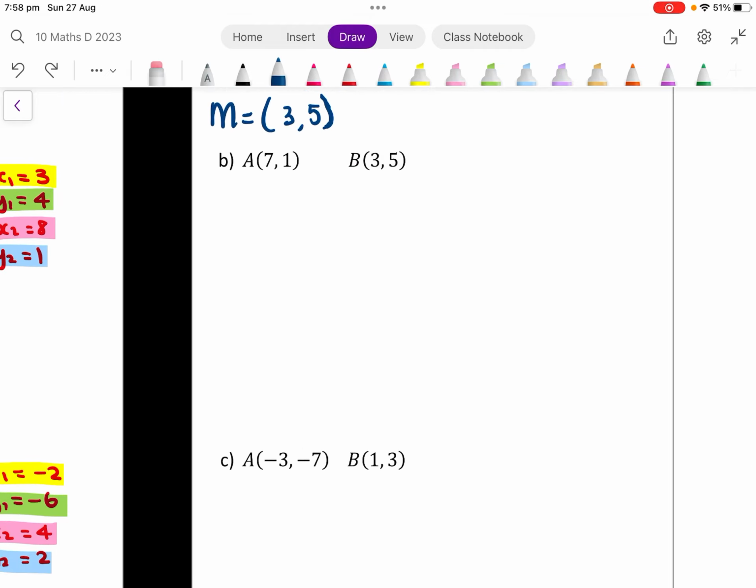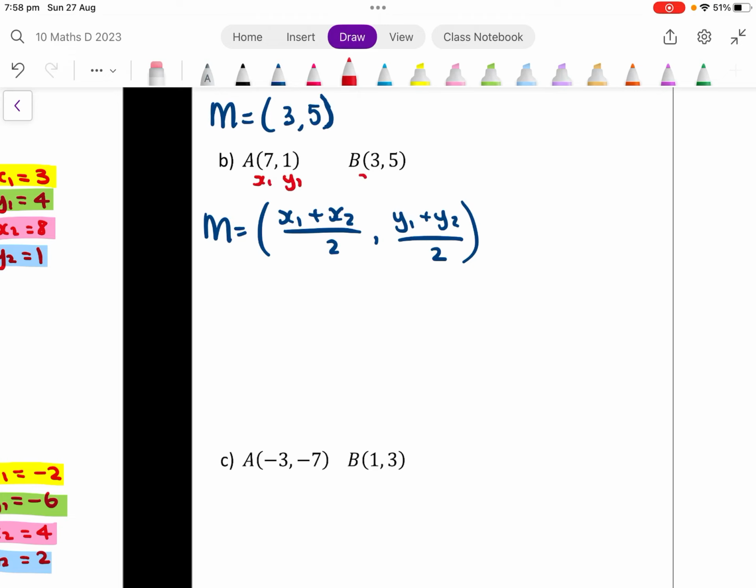So we want to write out our formula. And we want to label what everything is first. x1, y1, x2, y2. So x1 equals 7, y1 equals 1, x2 equals 3, y2 equals 5. We then want to substitute everything.